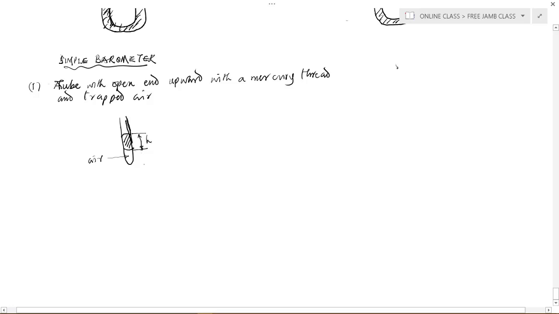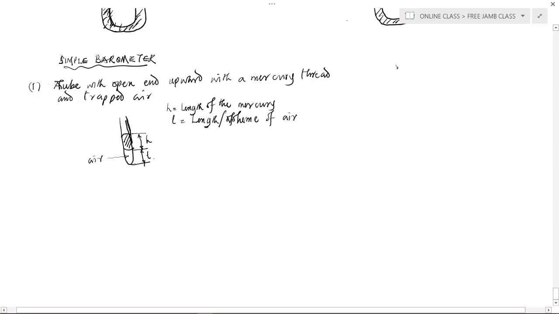And from air to air is the length of the air, L. H is the length of the mercury, while L is the length, or at times they say volume, of air that is trapped in that place.